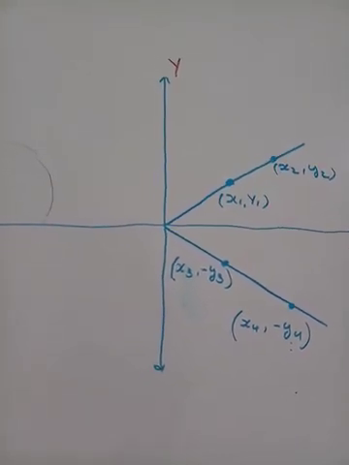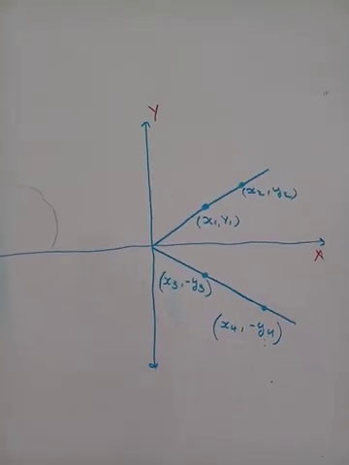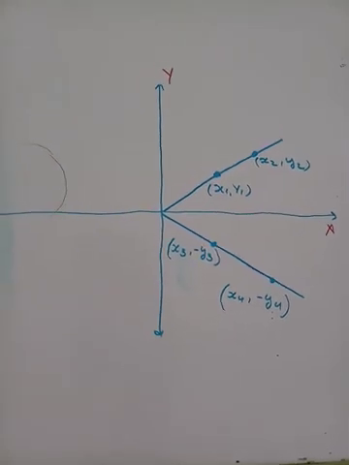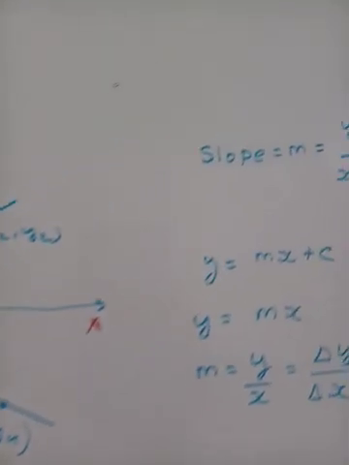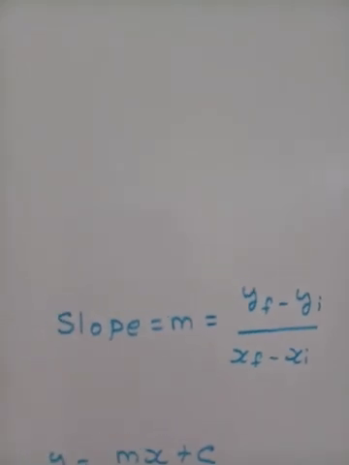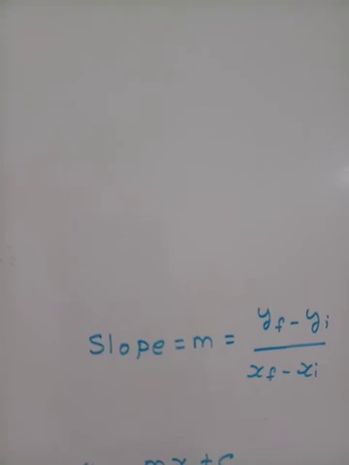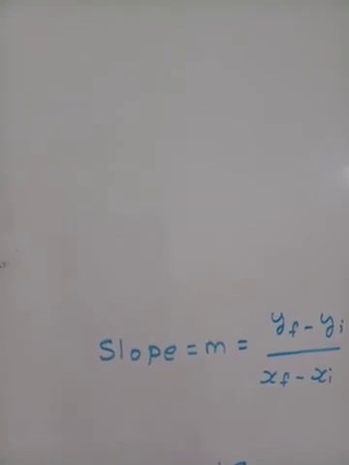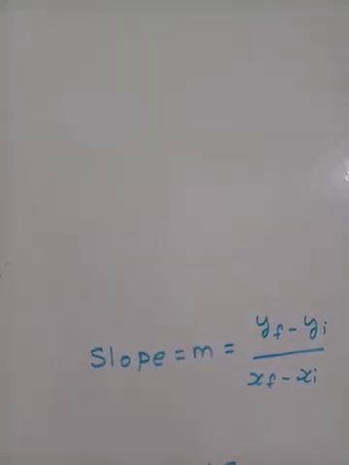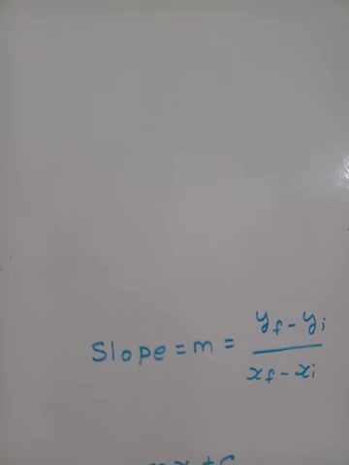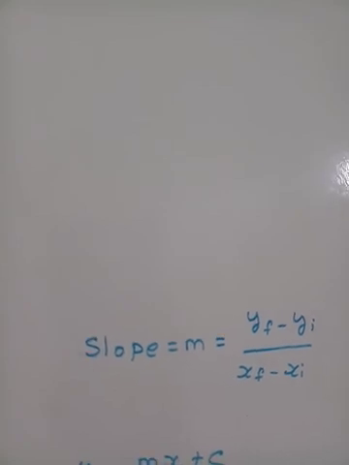Now how to calculate the slope of any graph? We have a simple formula for that. The slope of a graph is represented by the letter m, and it is calculated as the final y coordinate minus the initial y coordinate, divided by the final x coordinate minus the initial x coordinate.